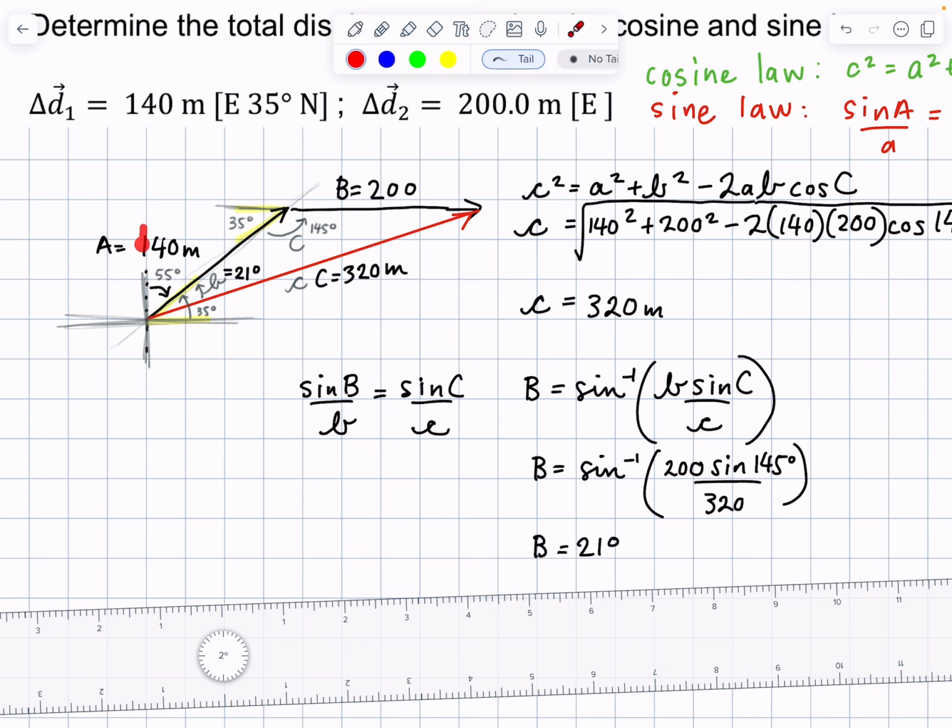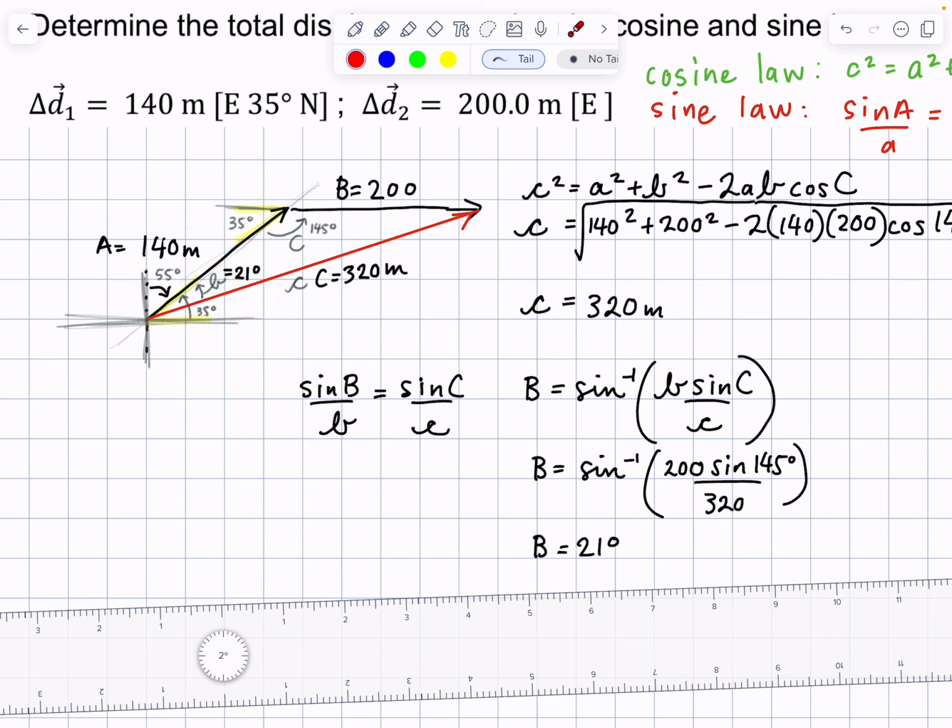So if this angle is 55 and this angle is 21, what's the remaining angle that makes up this entire 90-degree corner?